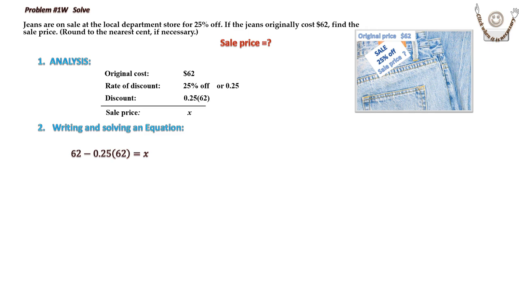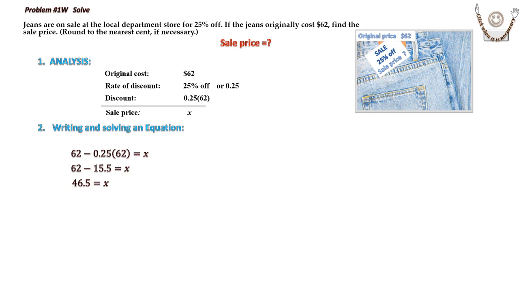It gives us the sale price. So it will be 62 minus 0.25 times 62 equals x. Now we have to solve the equation. First, multiplication, and then just 62 minus the result of multiplication, and you will see x.